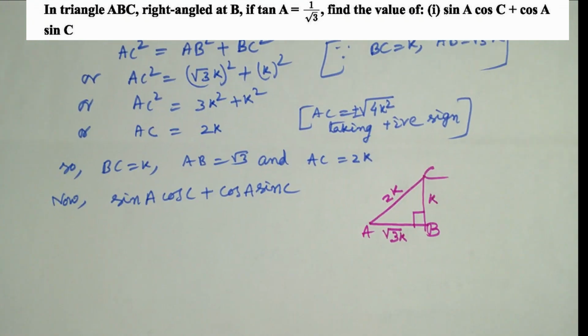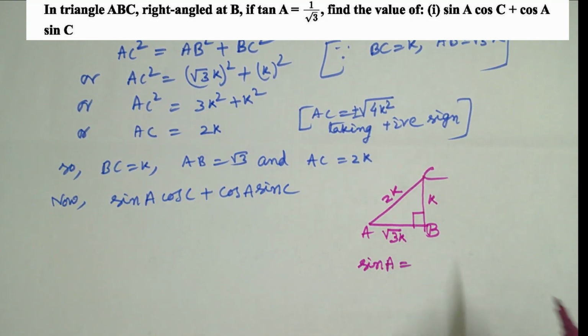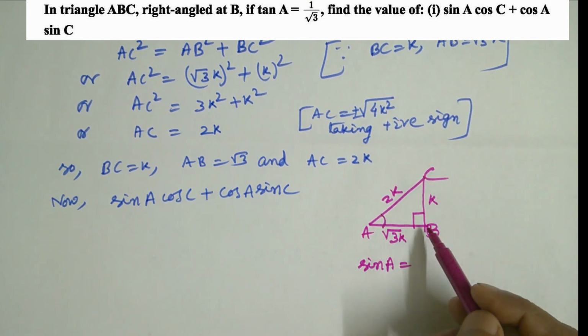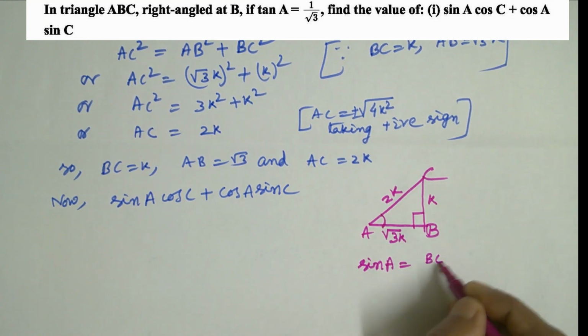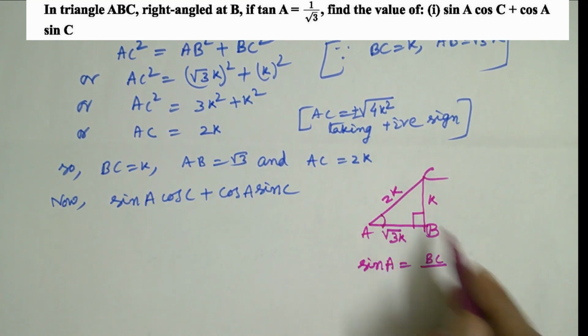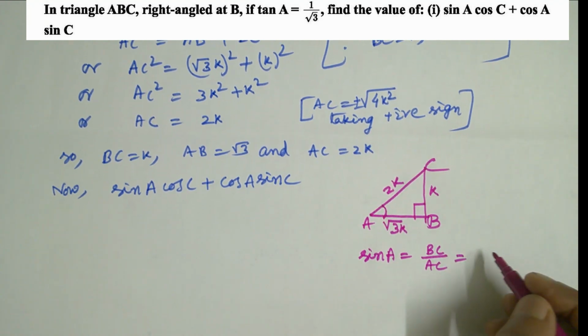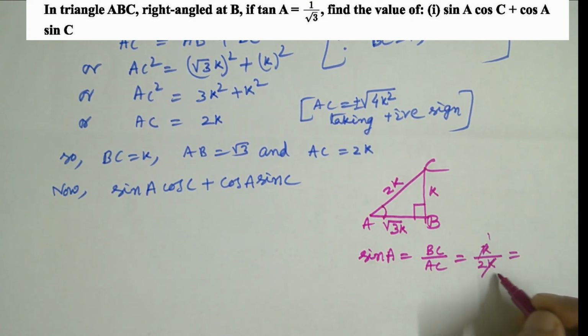Here finding the values. Sin A is equal to, with respect to this angle, perpendicular by hypotenuse, BC by AC, that is equal to BC means K, AC means 2K. K will cancel, 1 by 2.